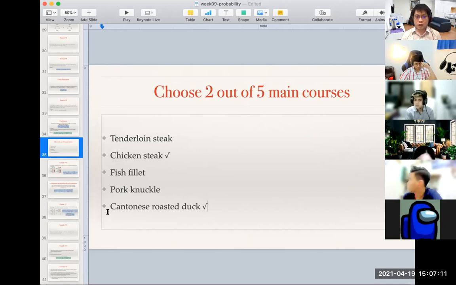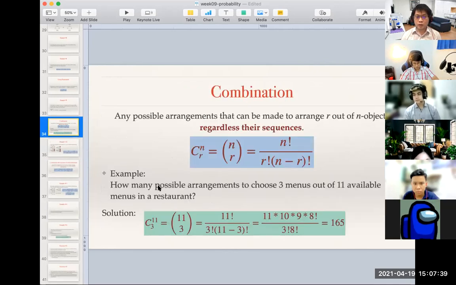Let's say you order chicken steak and then Cantonese roasted duck, but the waitress gives you the duck first and then the chicken steak. Usually it won't matter at all. If it won't have any effect, then it is safe to assume that this kind of question should be solved using combination, not permutation.